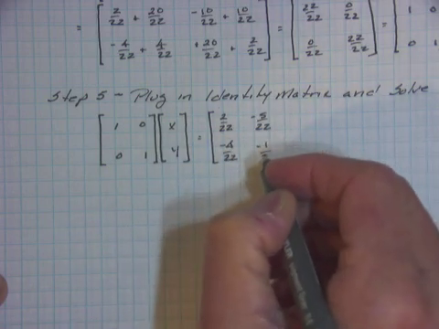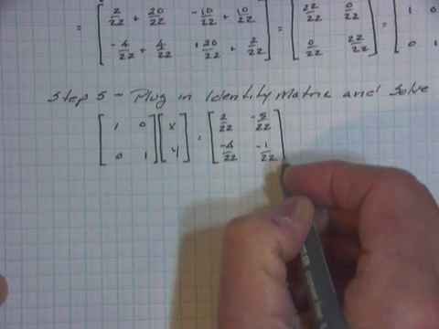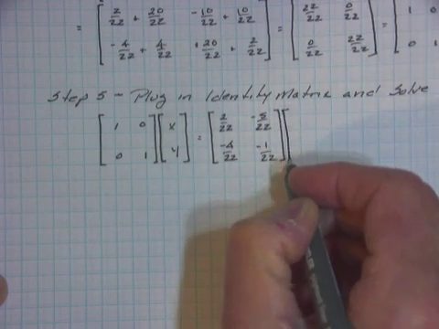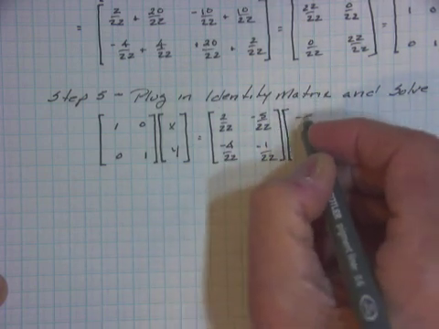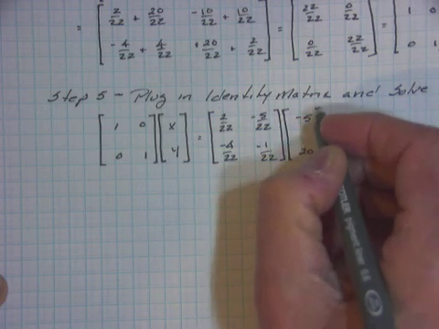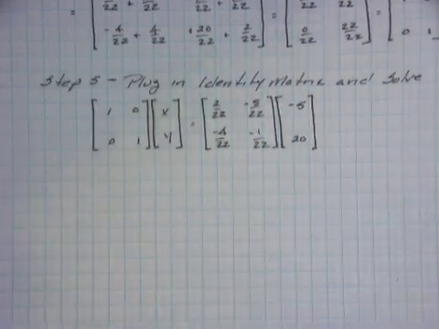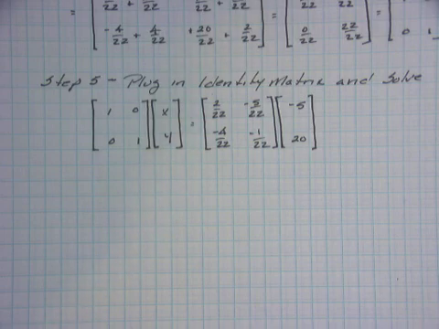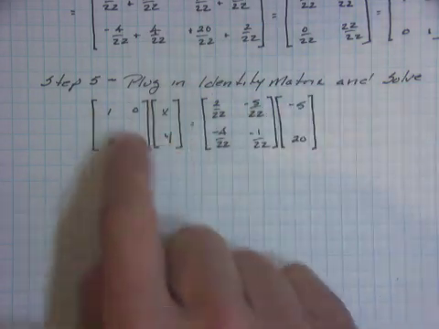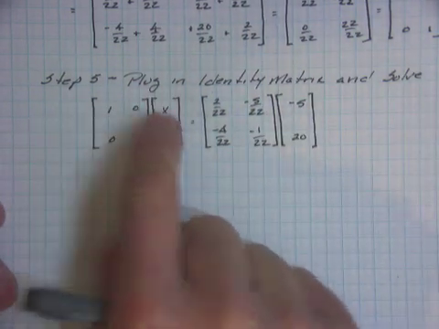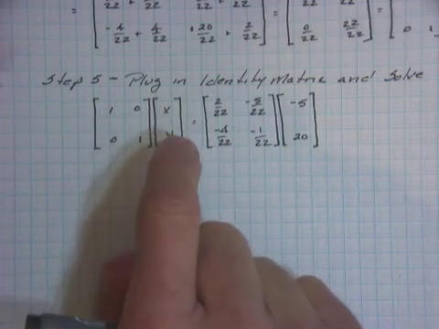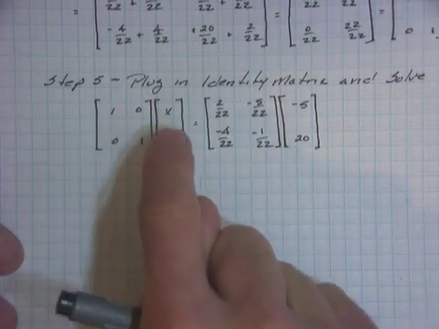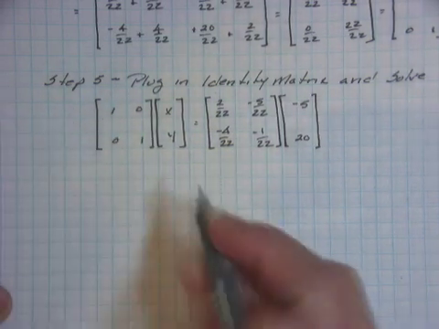Now I still have this inverse matrix of 2 over 22, negative 5 over 22, negative 4 over 22, and negative 1 over 22 times the solution matrix, which is negative 5, 20. All right.